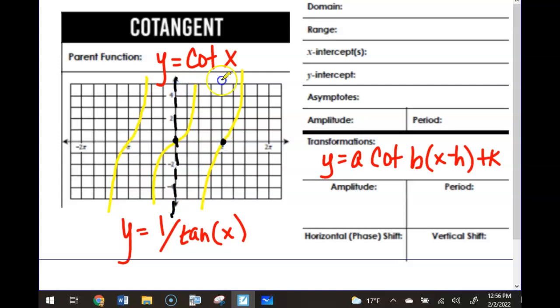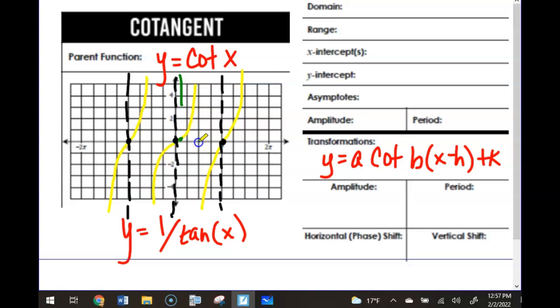Where the tangent had a 0, we're going to have an asymptote. Now, what is the reciprocal of a really tiny little number? Like, let's say that green dot right there was 1/10. The reciprocal would be 10. So it would be up really high.